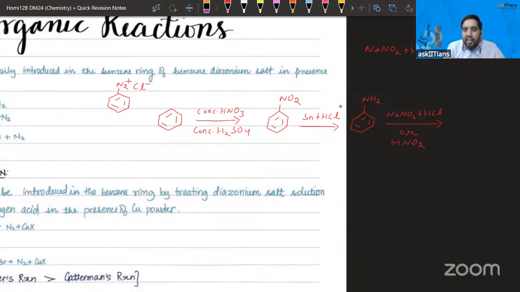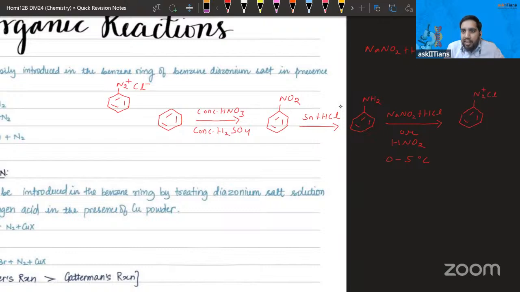So here we need HNO2 for the diazotization. This reaction is temperature sensitive, so we need to take care of temperature. The temperature is from 0 to 5 degrees Celsius. And finally, we get benzene diazonium salt. This is the final product.